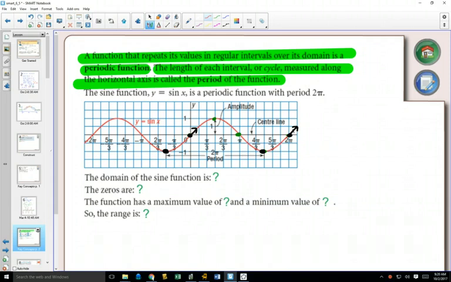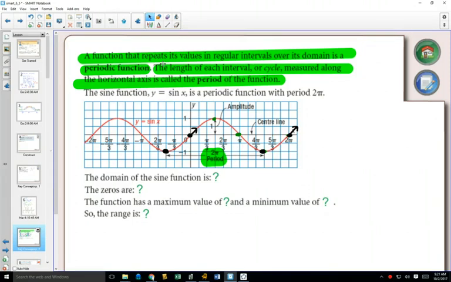Whereas from this one to this one, you'd have to do a little bit more math to figure that out. But our period for both our sine and our cosine graphs is going to be 2 pi. So our sine graph is a periodic function. It has a period of 2 pi.